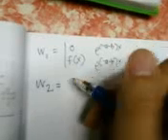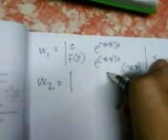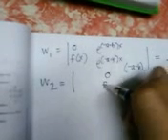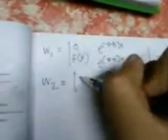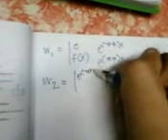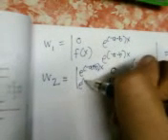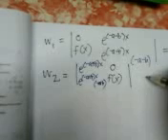W2 would be equal to, now we let 0 for y2 and f of x for y2 prime. So we have e to the negative a plus b times x and e to the negative a plus b times x times negative a plus b. So further computations, we get e raised to negative ax plus bx times f of x.